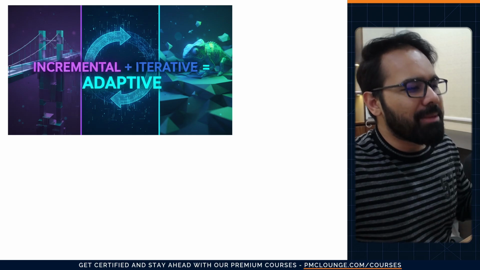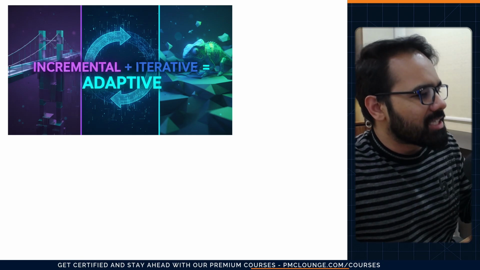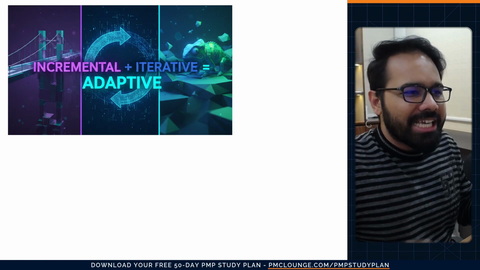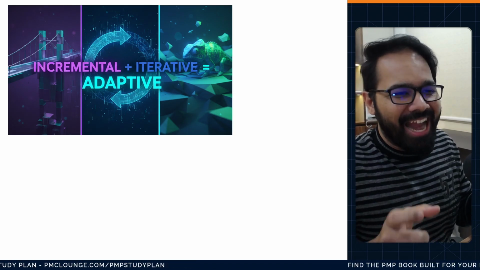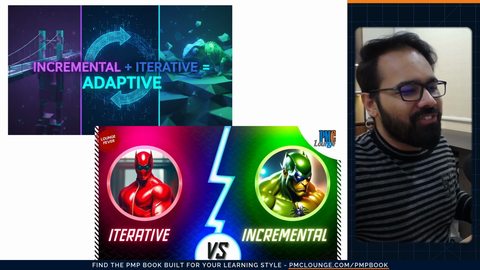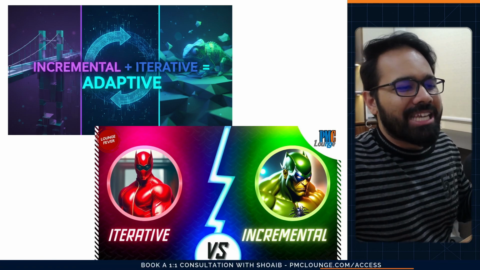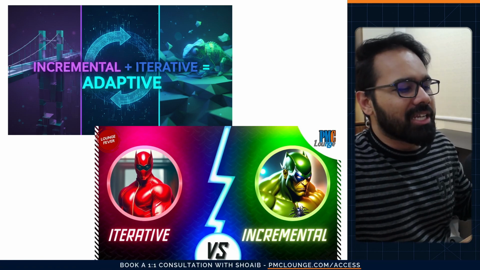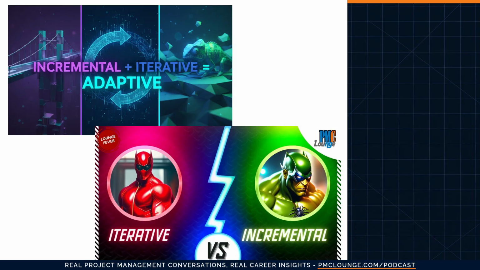And since incremental is part of adaptive itself, the correct concepts to differentiate are iterative and incremental, not incremental and adaptive, right? So here's a video that we had done in the past which talks about the difference between iterative lifecycle and incremental lifecycle. This video will be linked in the description, so definitely check that out for more details and to understand the difference between the two in simple language.